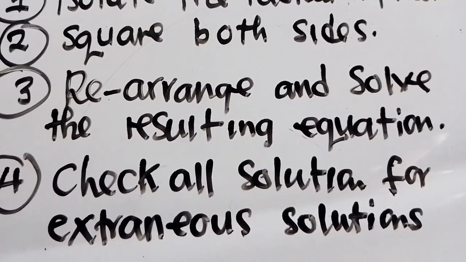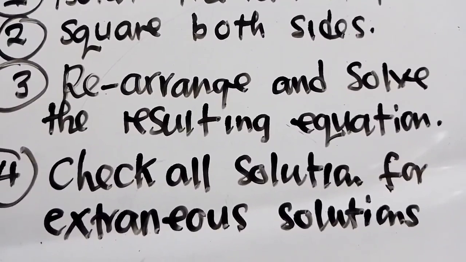So these are the 4 things that you need to put into consideration whenever you want to solve radical equations. I want you to understand this such that if they come in your exams, you'll be able to answer one or two questions under this part.